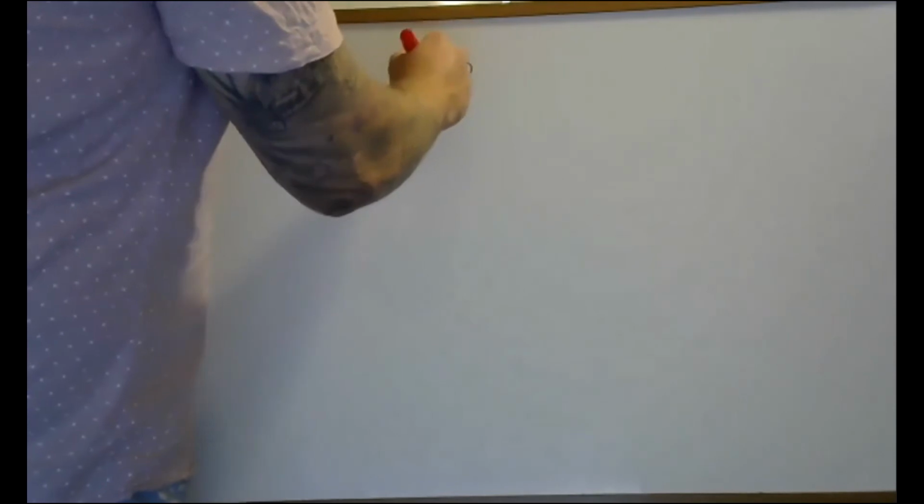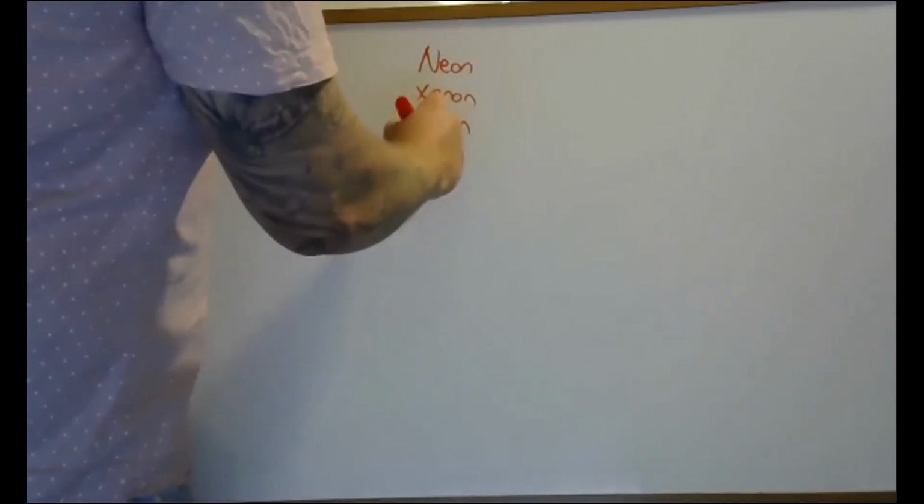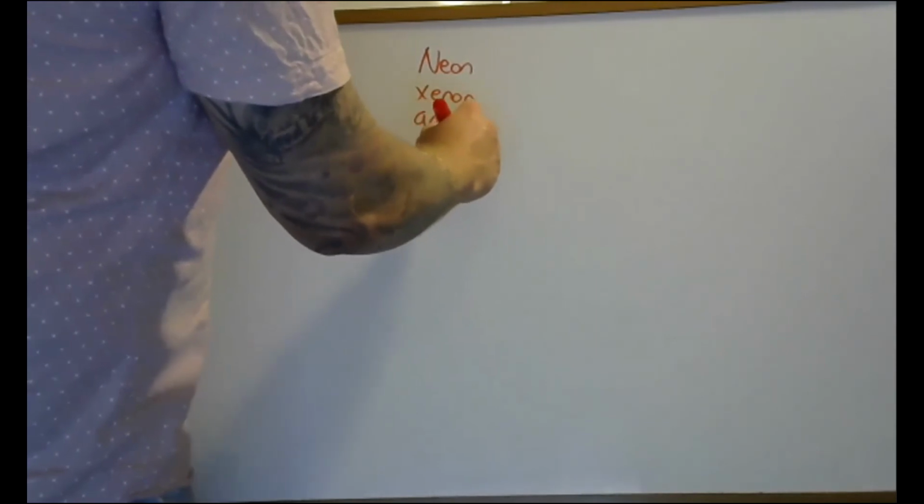So if you look at the old neon signs, not usually made out of neon anymore, but by passing an electric current through different gases, so neon, xenon, argon, helium.